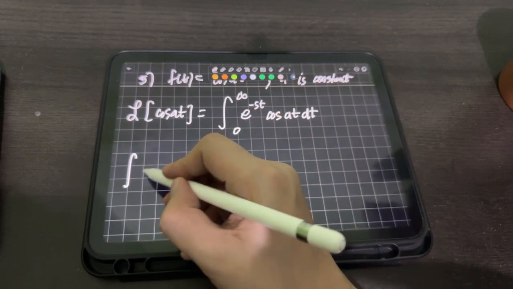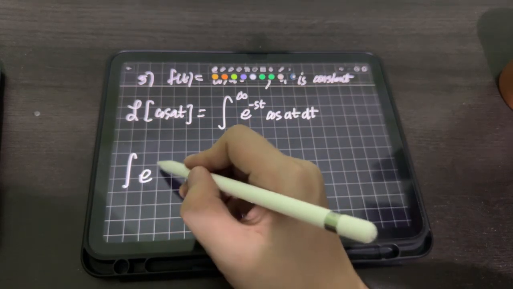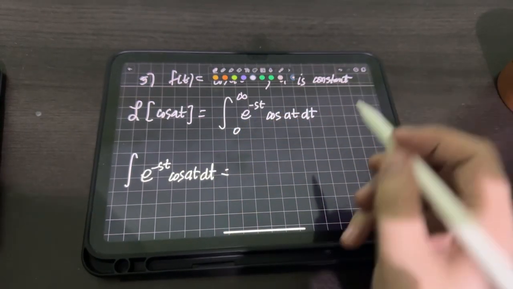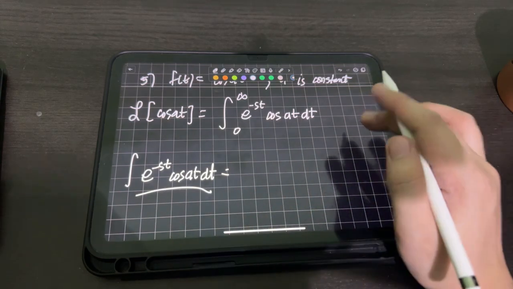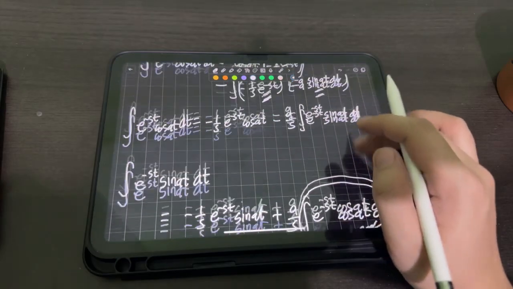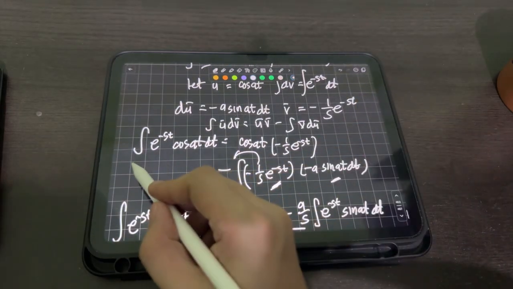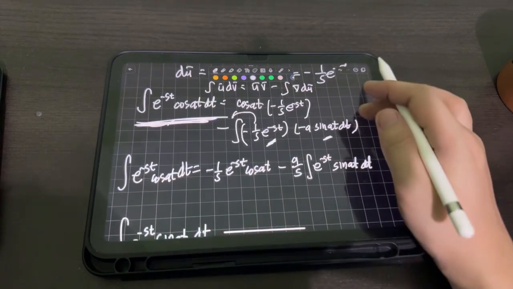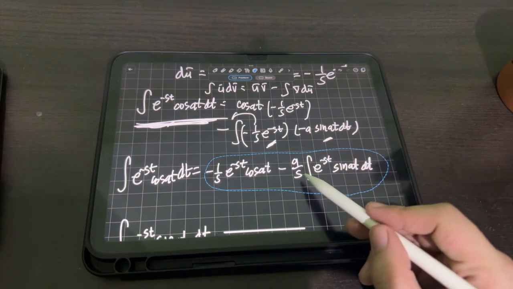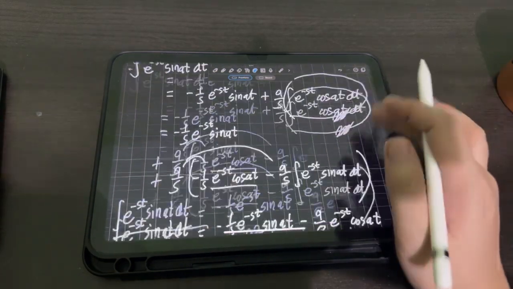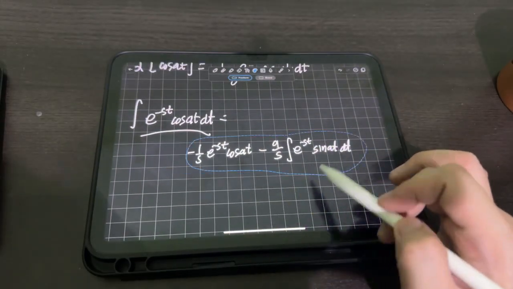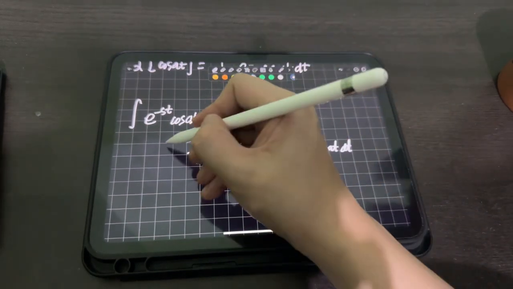So let's first evaluate the indefinite integral of e to the negative st cosine at dt. If we go back to the previous problem, we already solved that problem, right? It's equal to this integral. So let's just copy, because it will be the same explanation, integration by parts.